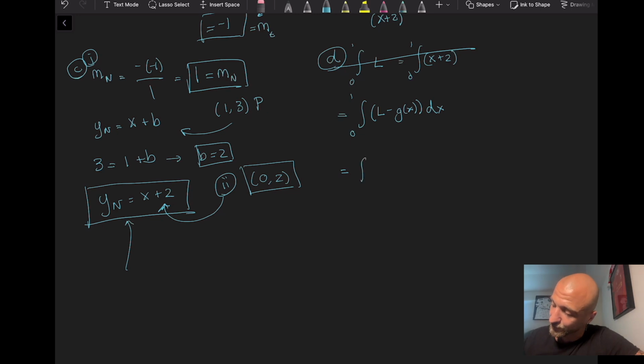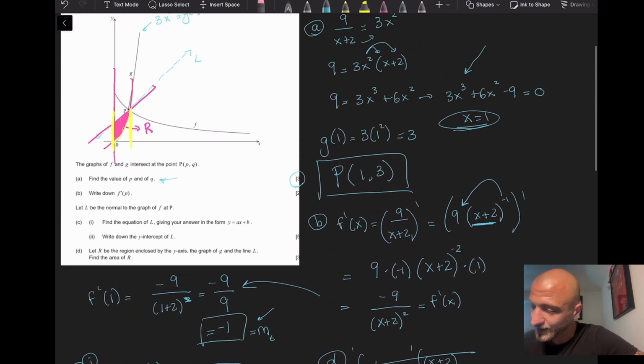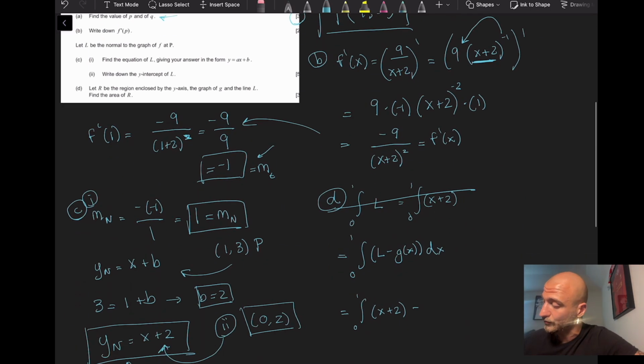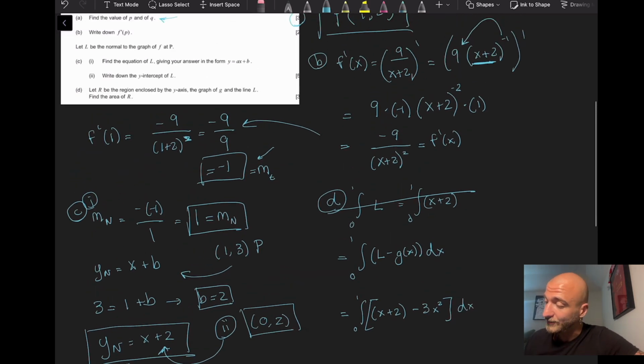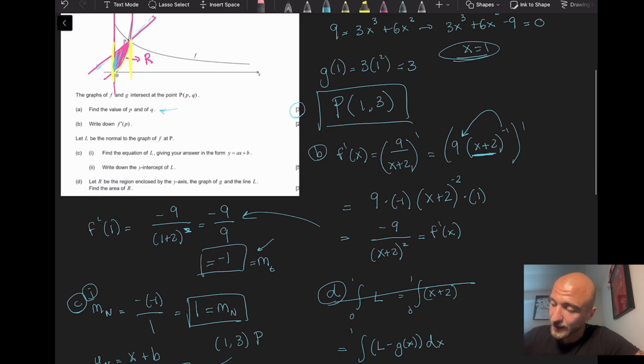We're integrating from 0 to 1 of L, x plus 2, minus g of x, which if I scroll up so we remember what it is, because I've already forgotten, is 3x squared. I'm going to put these in little square brackets because we're integrating this whole thing with respect to x. If I integrate this function and evaluate it from 0 to 1, that should give me this area R enclosed by those two graphs as we integrate along the x-axis.